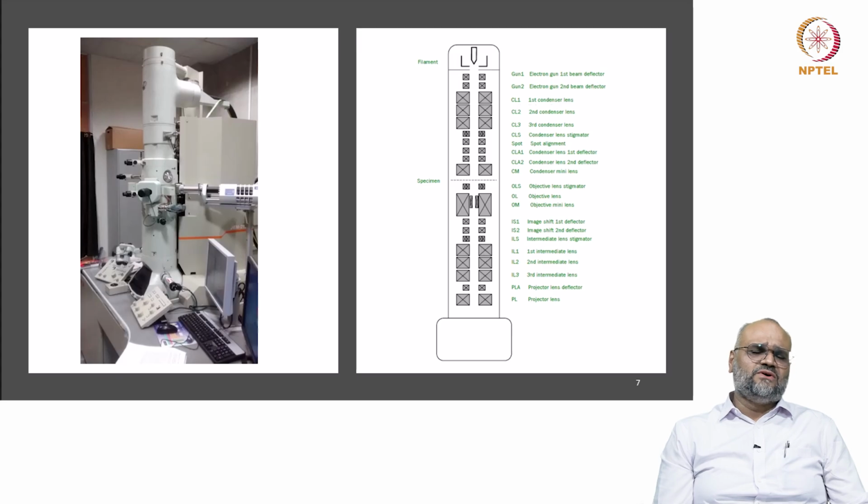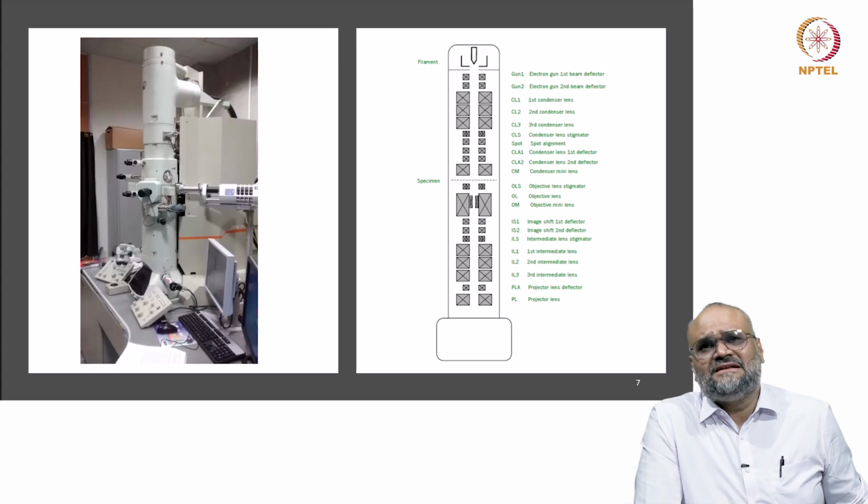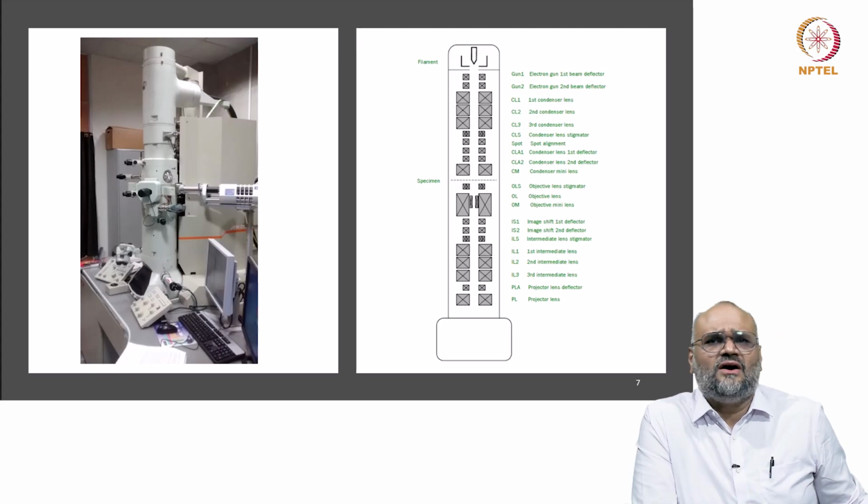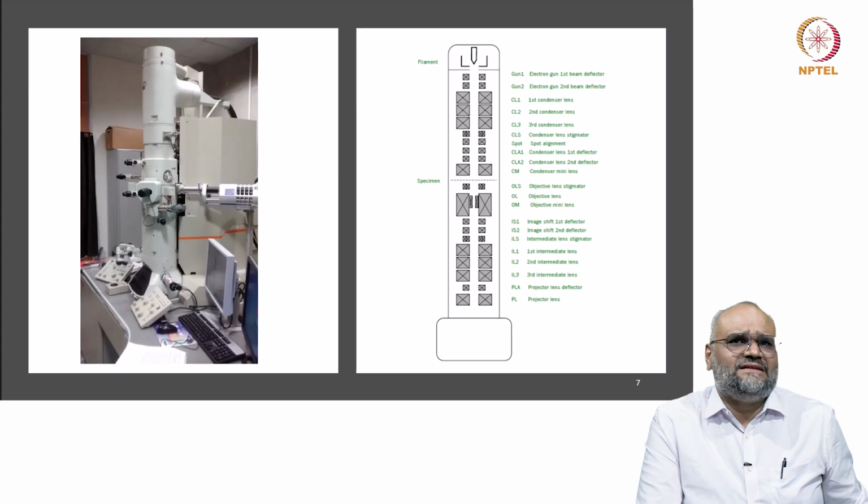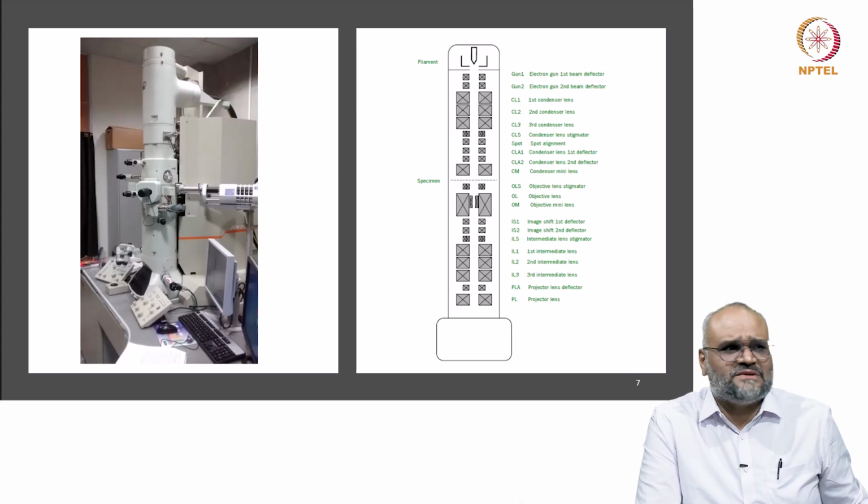Typically these are dipoles, or in some cases you have quadrupoles. By using various configurations within the microscope, you can illuminate the specimen in either parallel mode or by forming a probe, and with this there are various techniques with which you get a lot of information from a specimen.